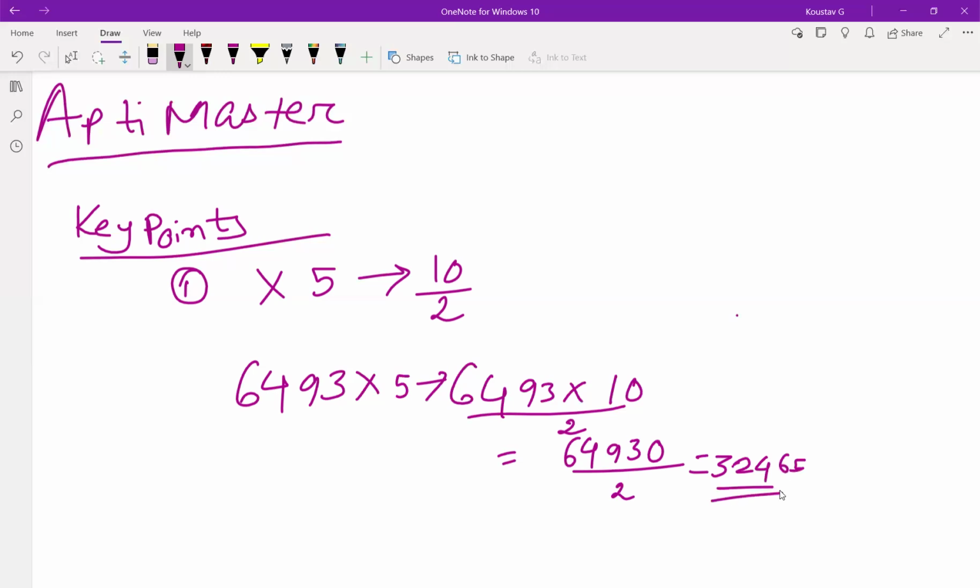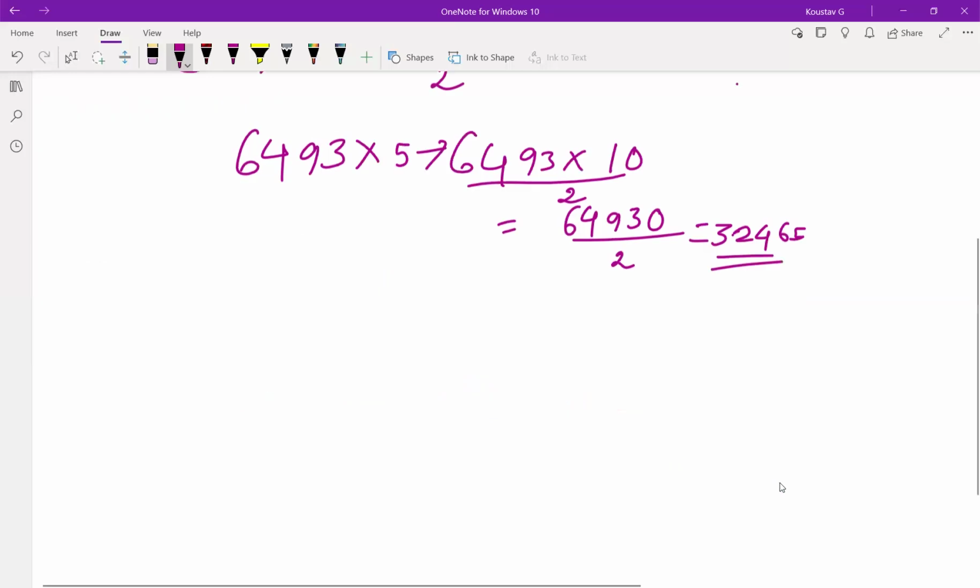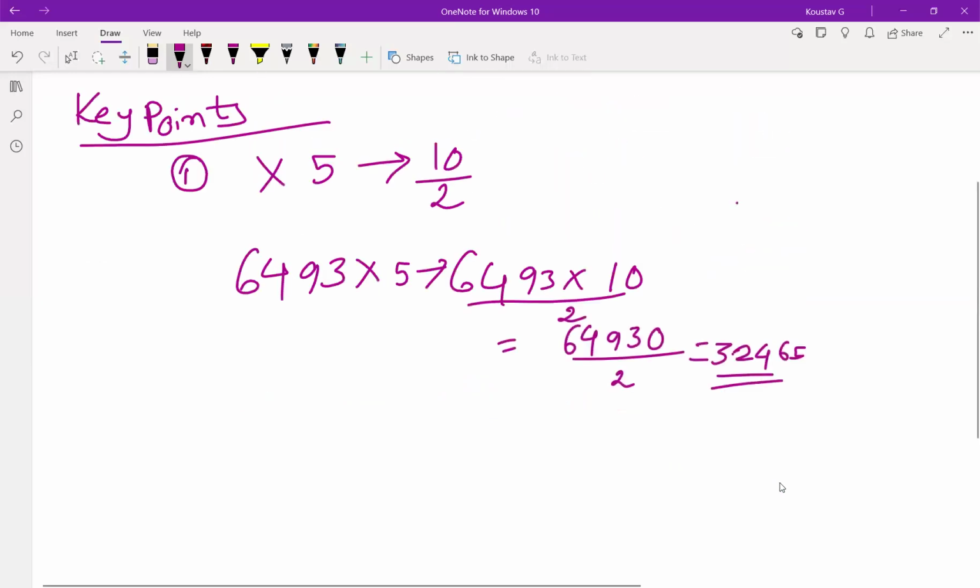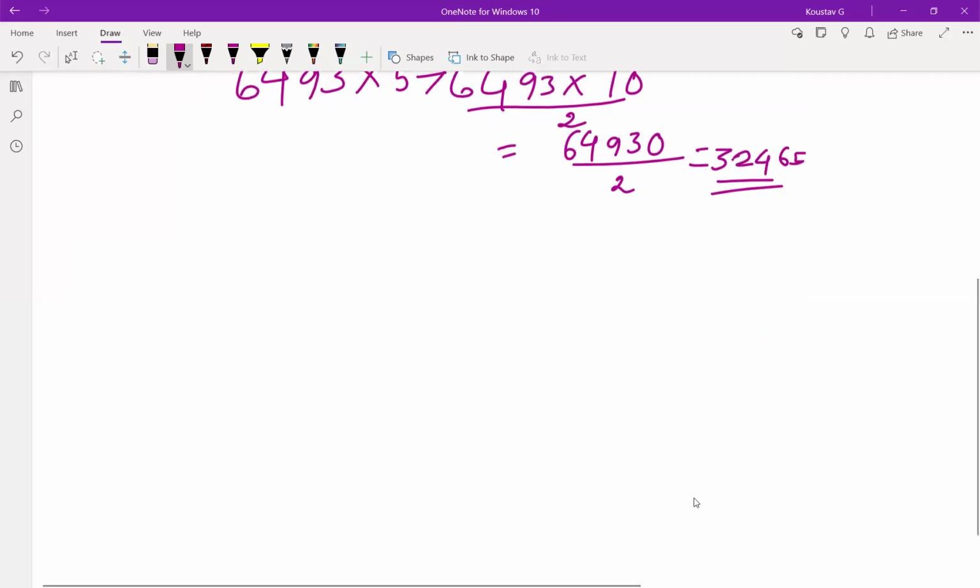So 32465. In this way you need to do it from now on. Whenever you multiply any number by 5, multiply it by 10 and then divide it by 2. So the first key point is covered.